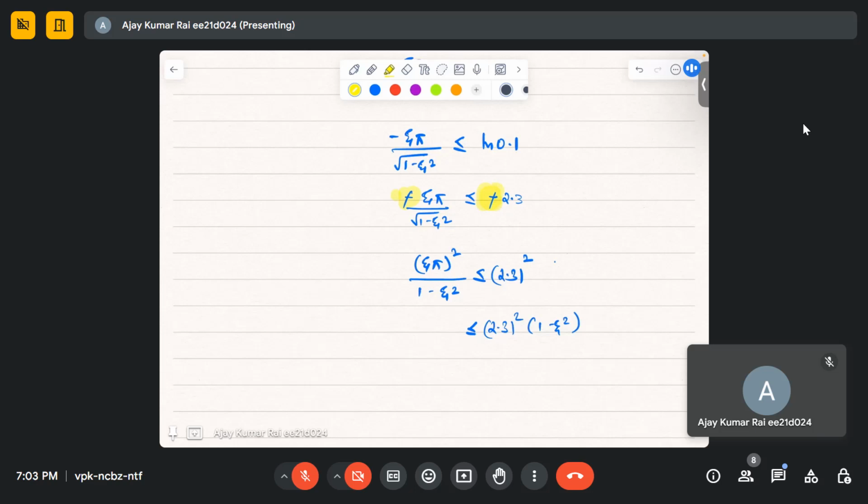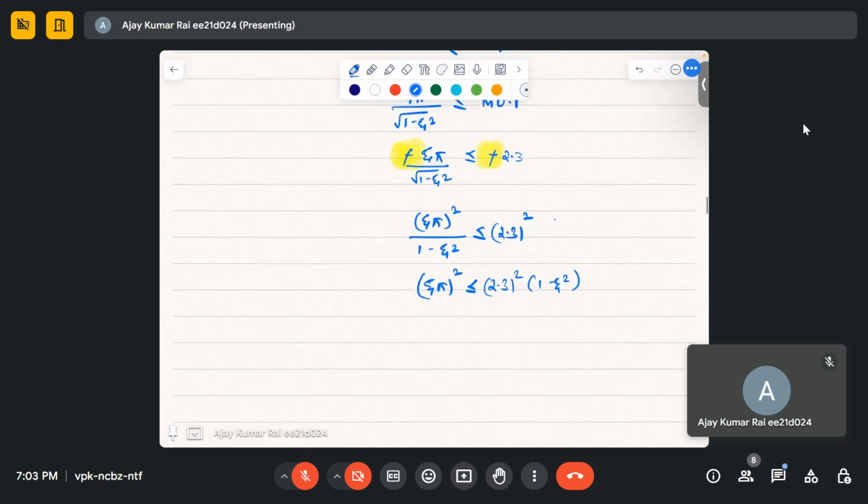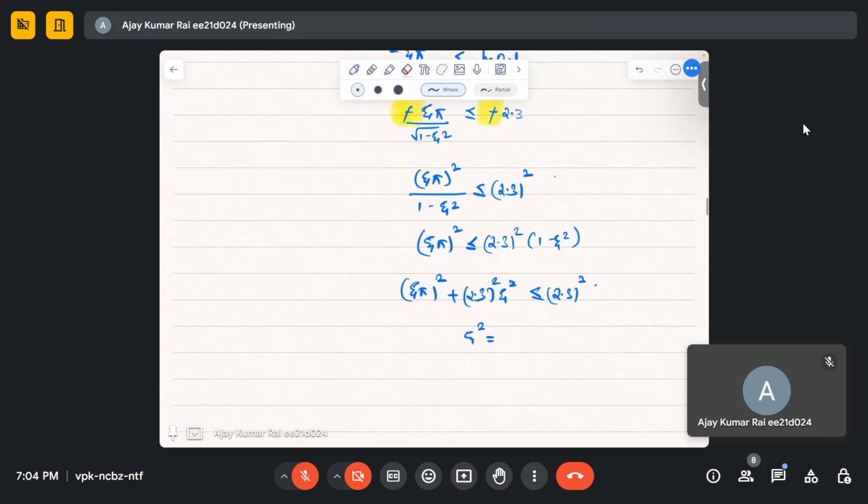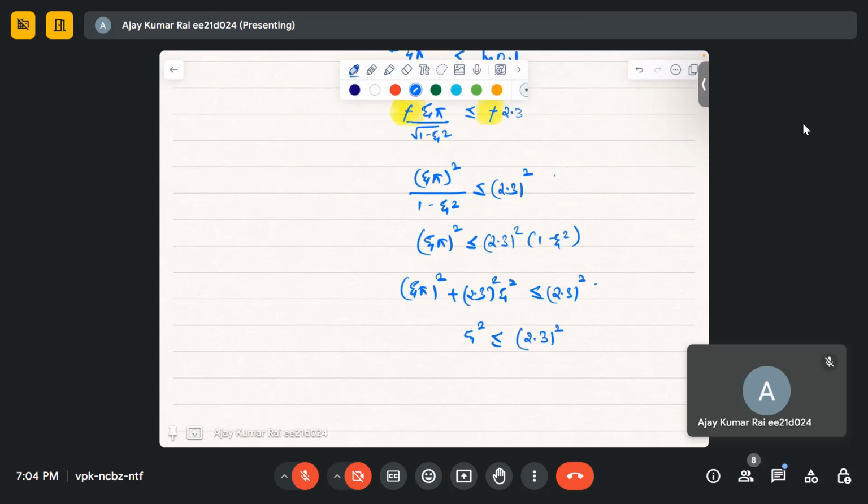Okay, I'm not certain about this. Let me first find this and we'll see what we are getting. So you'll get this. Okay, 2.3 square by pi square plus 2.3.